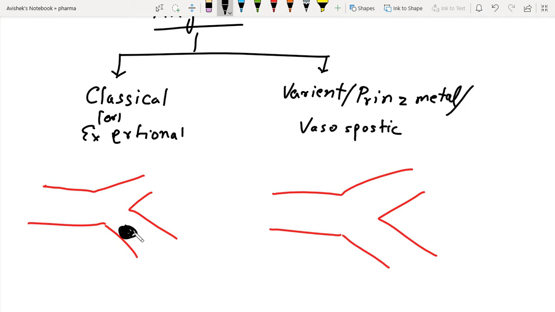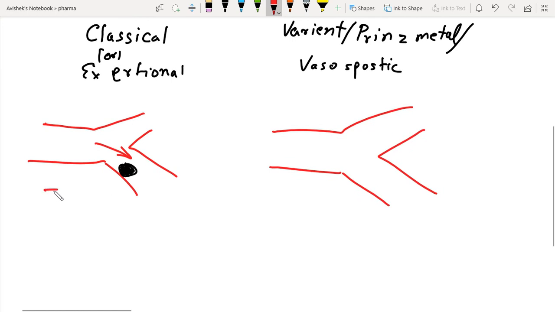This thrombus will not allow blood to pass through properly in the morning, because in the morning there will be vasospasm. So this can cause ischemia and increased workload, which will produce pain.